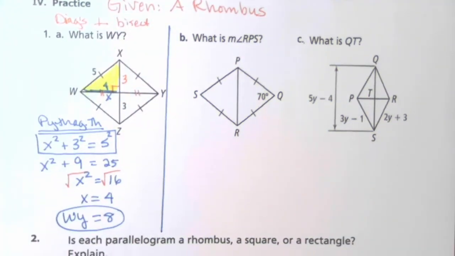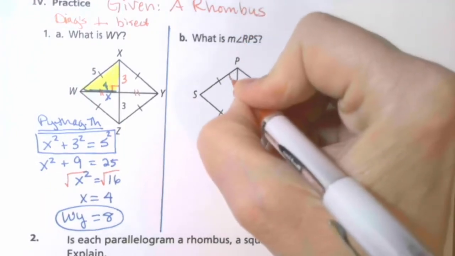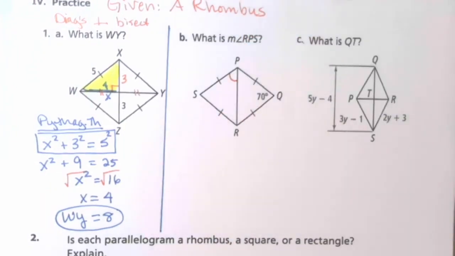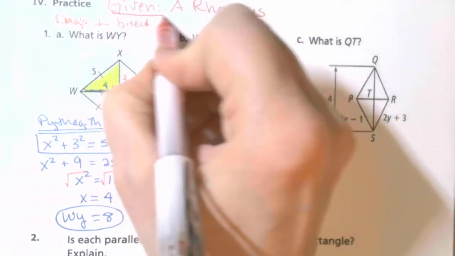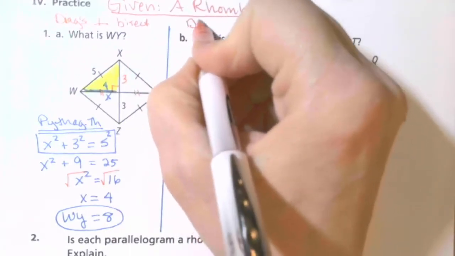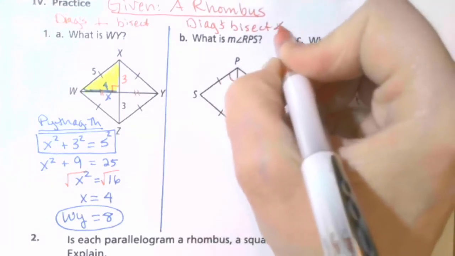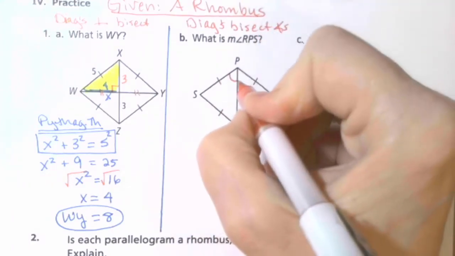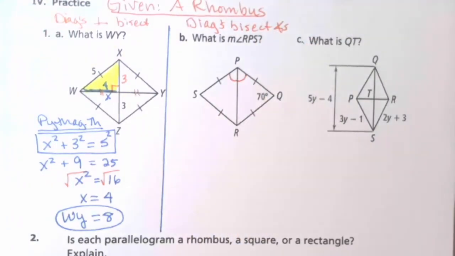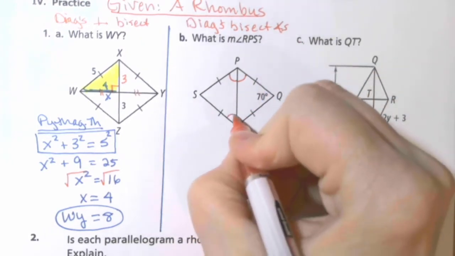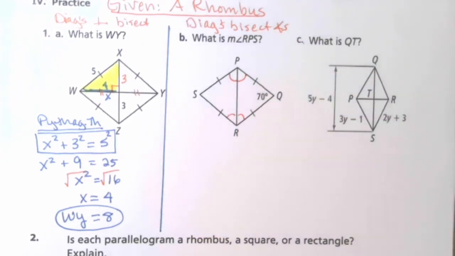Okay, what is the measure of angle RPS? Okay, so we're looking for the measure of angle RPS, which is this one. And we know that given a rhombus, the diagonals bisect the angles. So this angle and this angle are going to be the same as this angle and this angle.